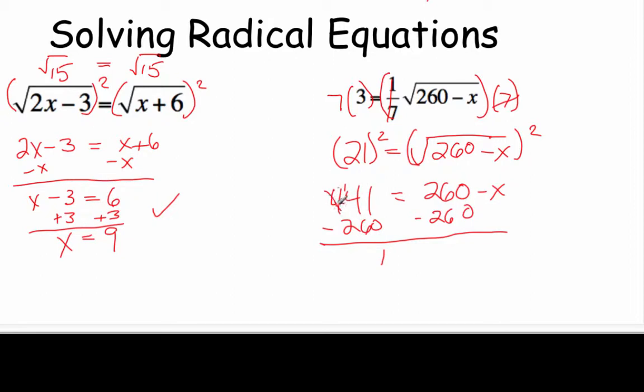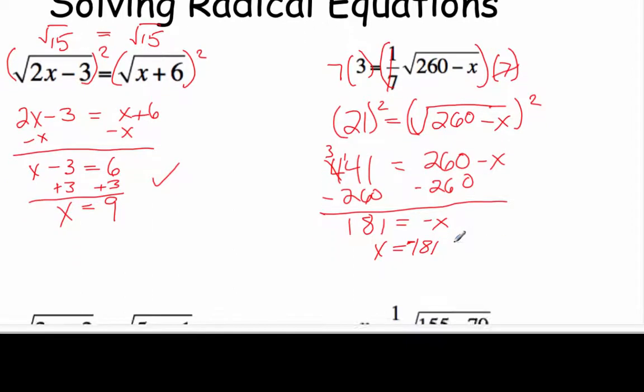I'm going to have to borrow from here, so now I've got an 8, and then over here I have a 1. So 181 is equal to a negative x. I don't care what negative x is, I want to know what x is. So x is equal to negative 181. The negative sign didn't quite come out. There we go.